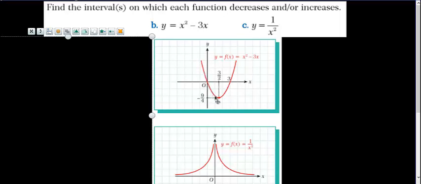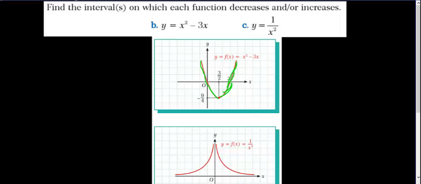In this part the function is decreasing: from left to right, when I move my hand, I'm going down. But after this part the function is going up, so the function is increasing here.